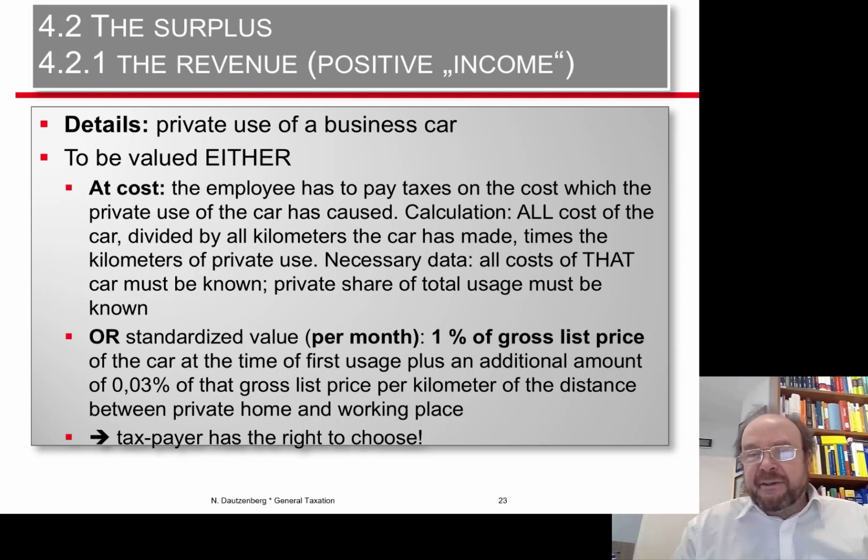If these data are not obtainable or not correct, then the fiscal administration turns to a standardized value, which is fixed at 1% of the gross list price of the car, valid at the time of the first registration with the authorities, plus an additional amount of 0.03% of the same gross list price for the distance between private home and your working place.